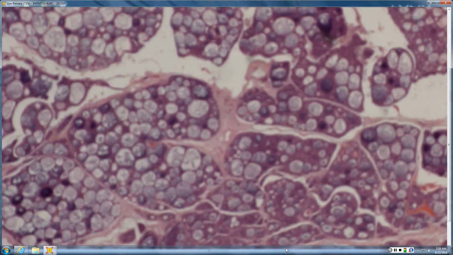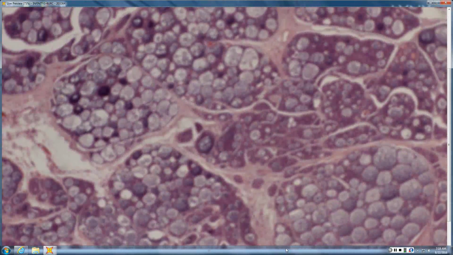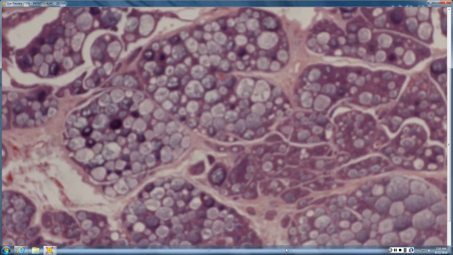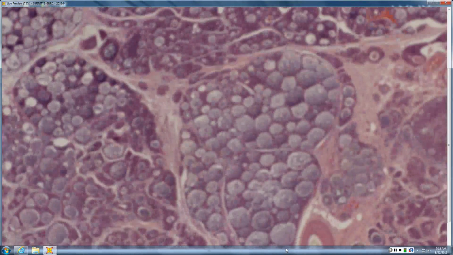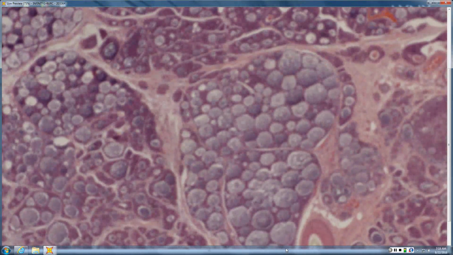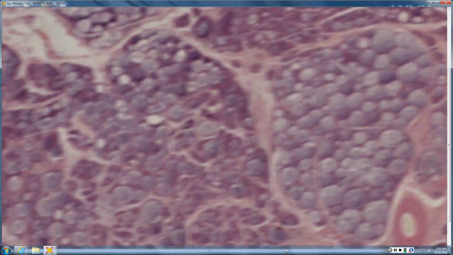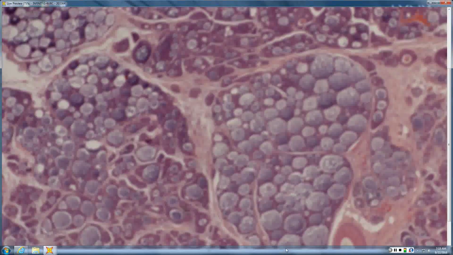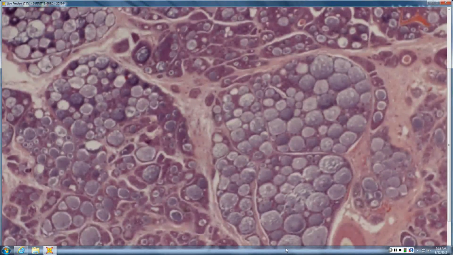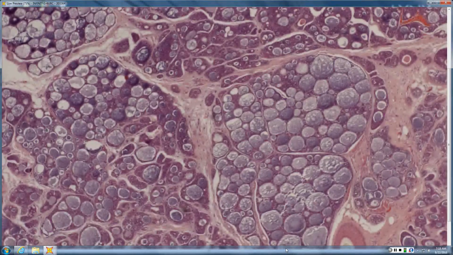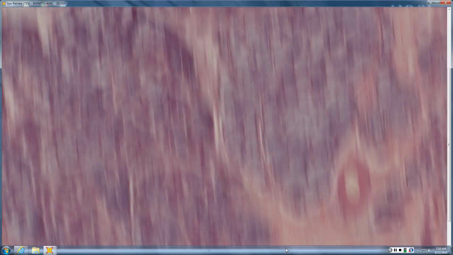Usually the pattern here is enough to kind of give it away. And in terms of thinking of other things, well, trichoepitheliomas can sometimes have sort of a Swiss cheese pattern, but they shouldn't be filled with all this mucin. And so there are some things you may have to differentiate it from, but it usually has a pretty easy pattern.